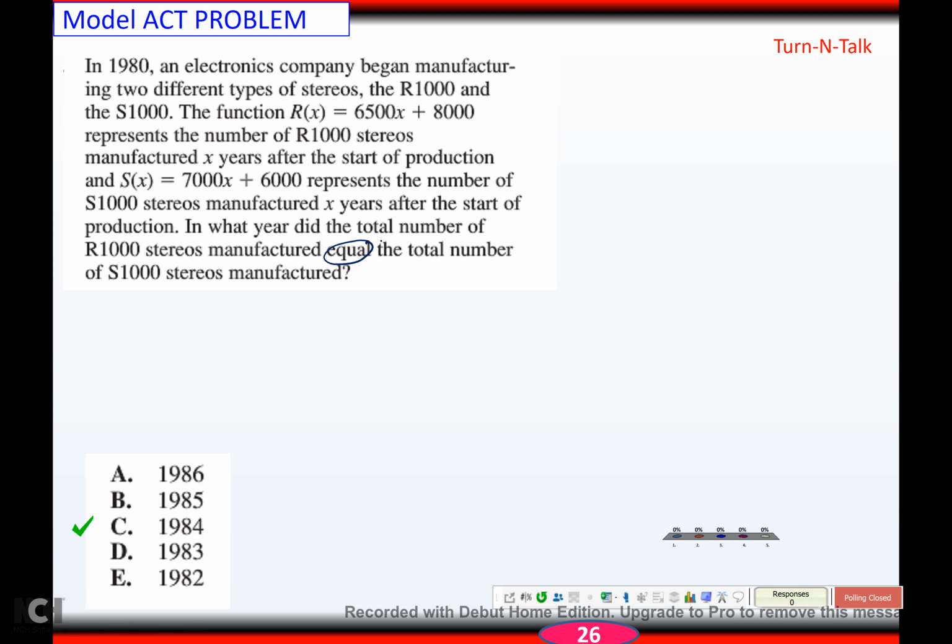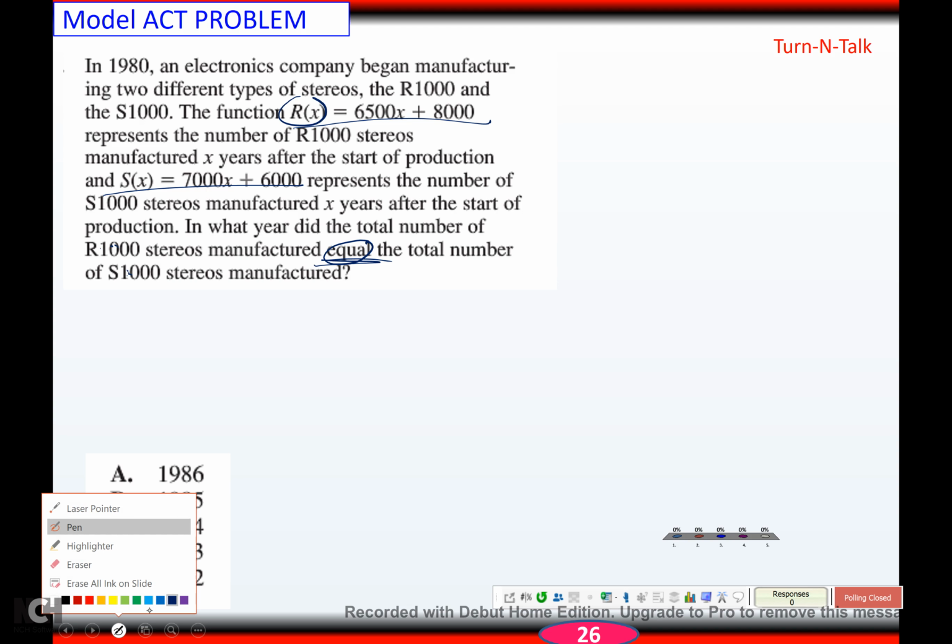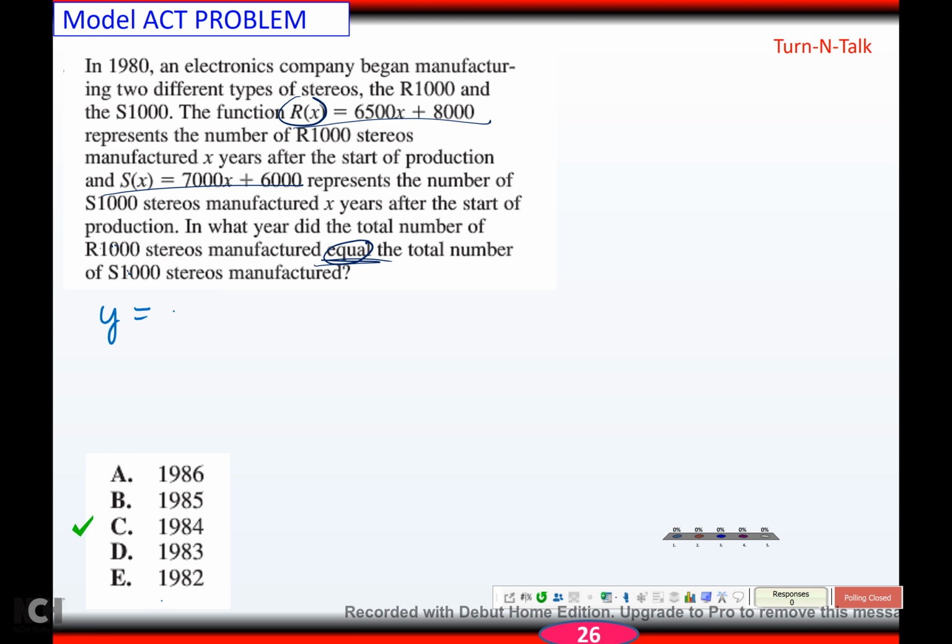Anytime they're trying to figure out when two functions are equal, you have a system. Okay, they're telling you this. There's your first equation, there's your second equation. They're telling you to solve it. So for this one, I'm going to rewrite this without using my function notation, I'm going to use my y notation. My R function would be y equals 6500x plus 8000.